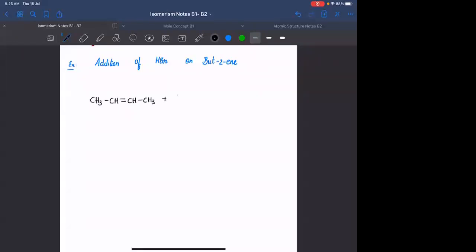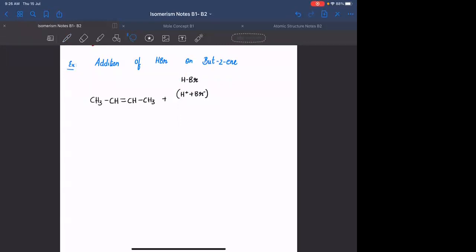Onto this you are adding HBr. ये जो HBr है, it splits into H positive plus Br minus. Agreed? Okay. You are having two parts of the reagent. One is the positive part, H positive, and the other is the negative part, Br minus.